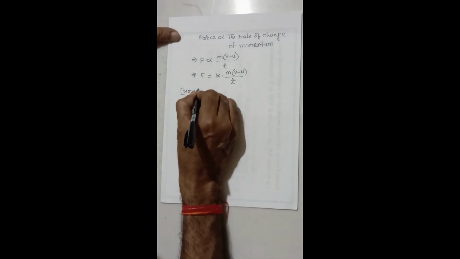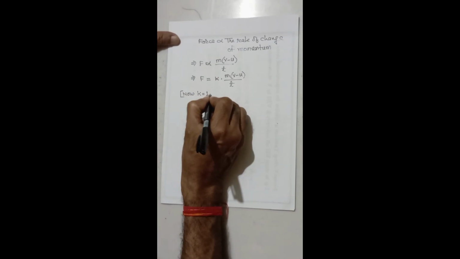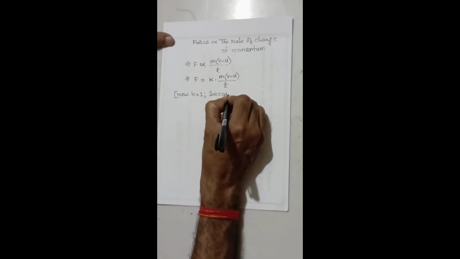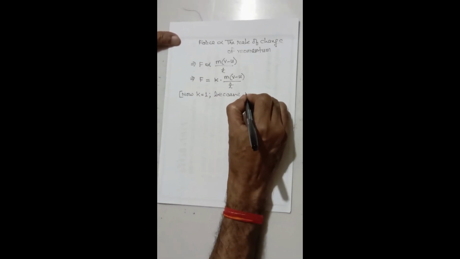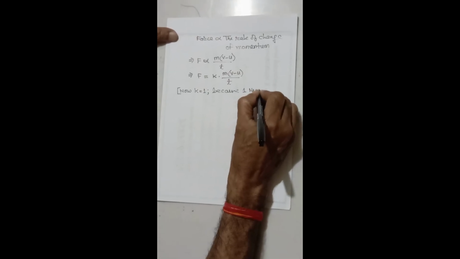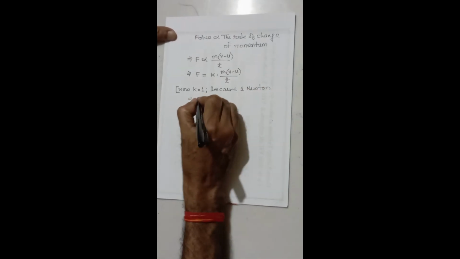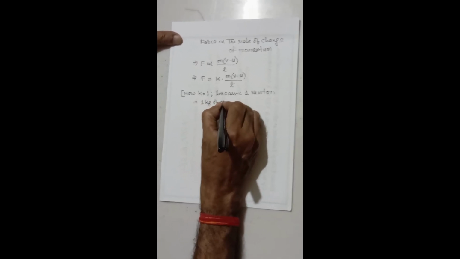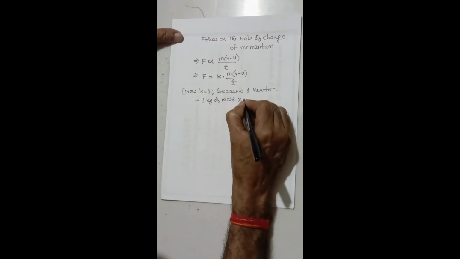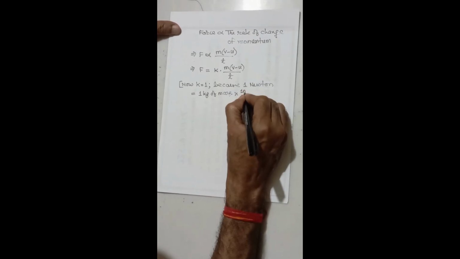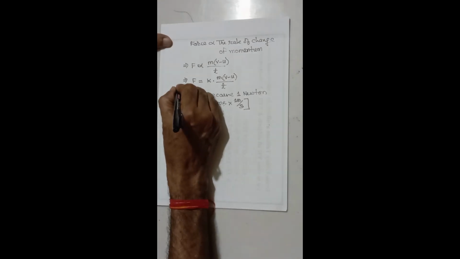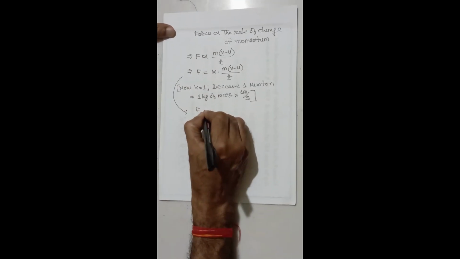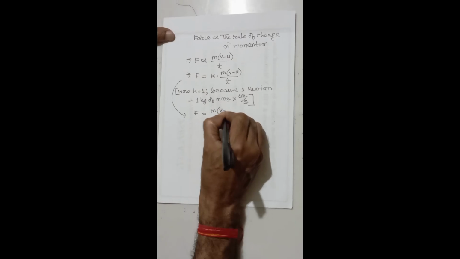Now k is equal to 1, because 1 Newton is equal to 1 kg of mass into 1 meter per second squared. Therefore, k is equal to 1. So we get F is equal to m into v minus u by t.